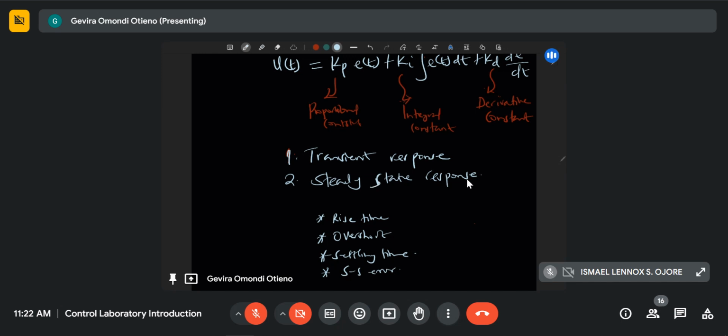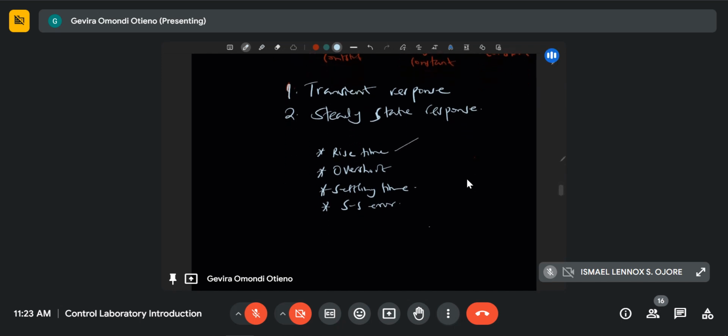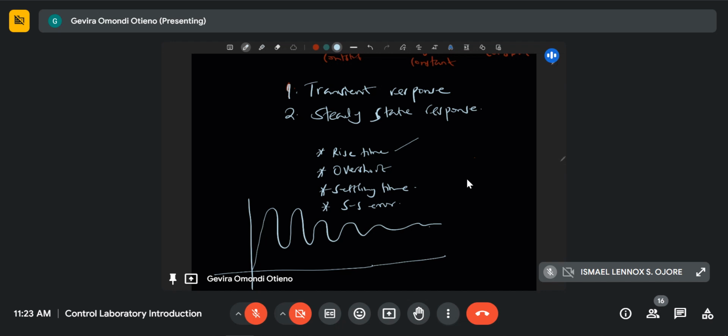So you always want systems that have a certain rise time. You don't want the overshoots to be too high. What I mean is this: you don't want a system that takes too long to settle, like that. It has a longer settling time. So we want systems with a shorter settling time, because the faster it settles, it means the faster the system becomes steady.